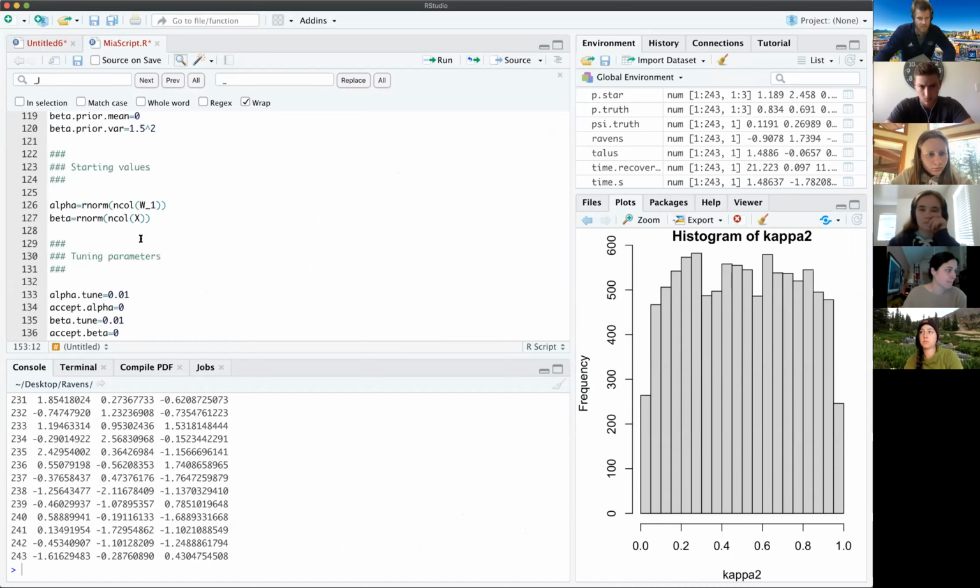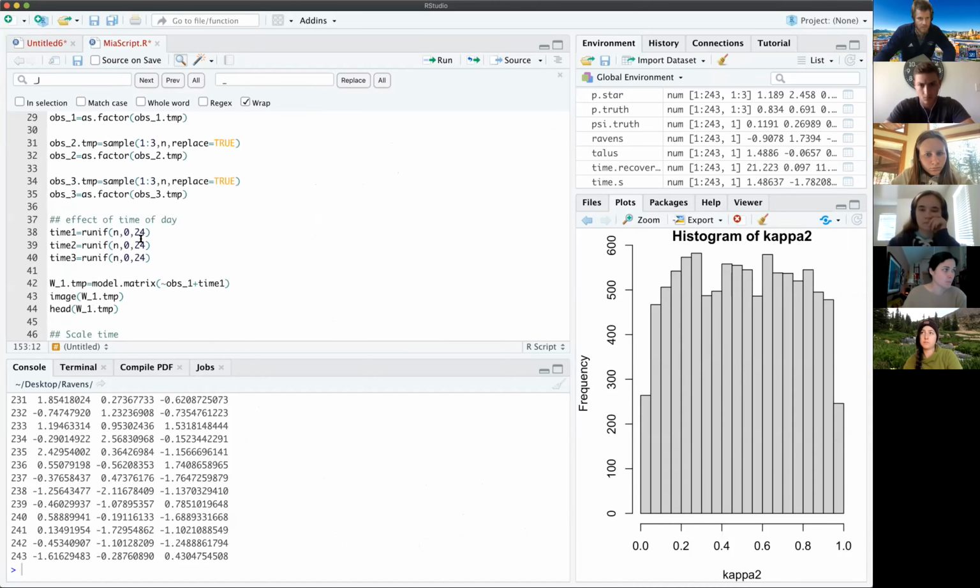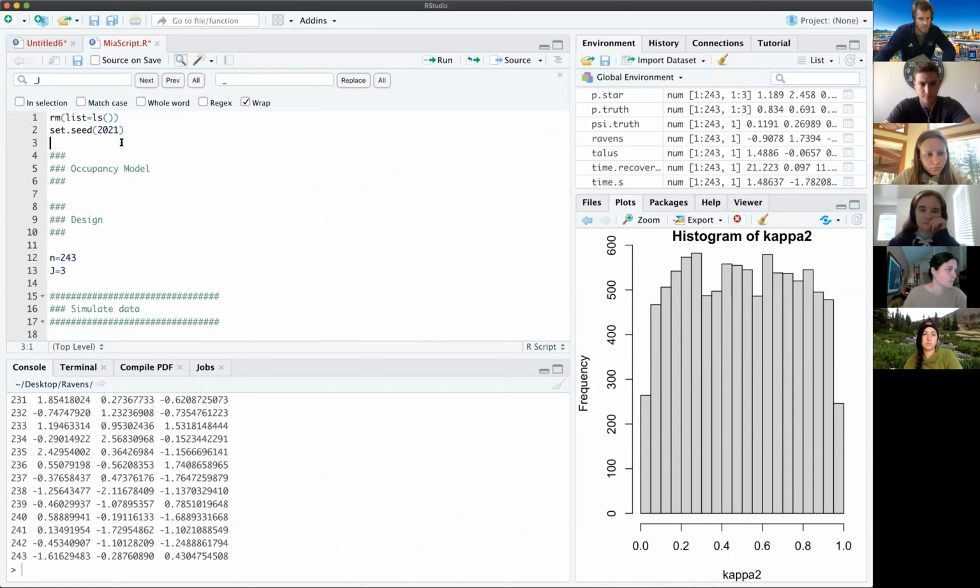Instead of writing this out, I'm just going to make a function up here, because we're going to use this a few times.